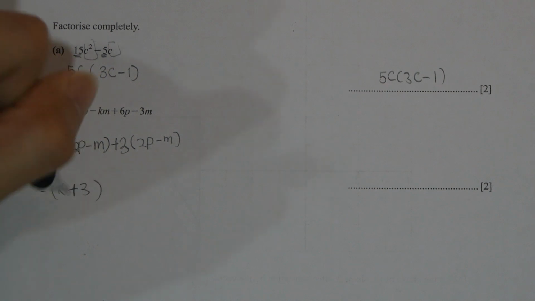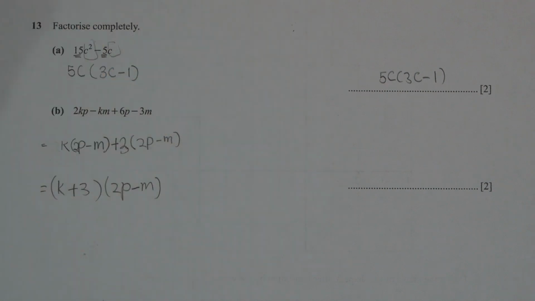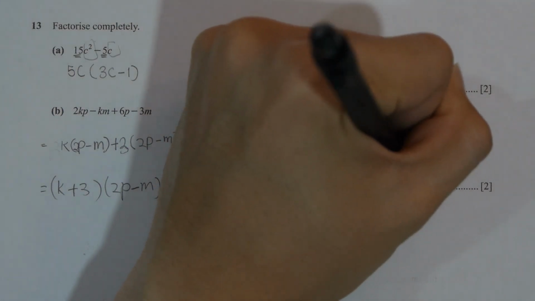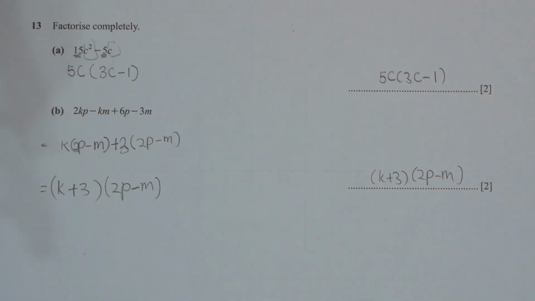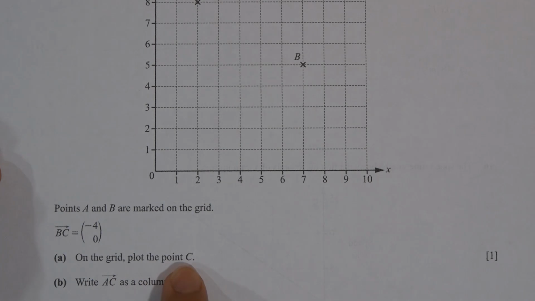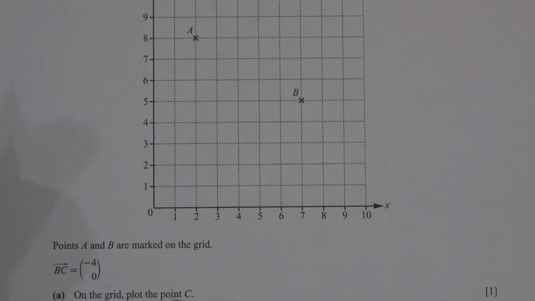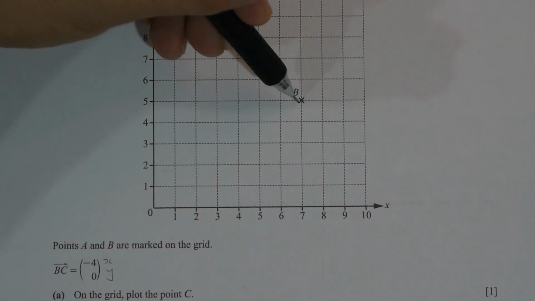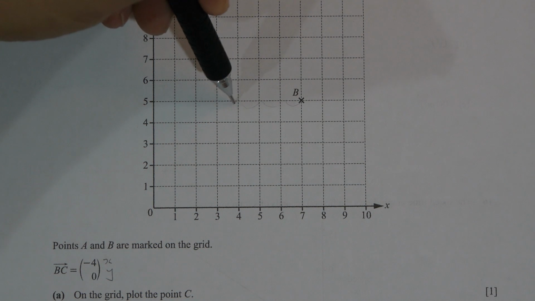So you do the shifting again, so it becomes k plus 3 bracket 2p minus m. So the next question, on the grid plot the point C. From B to C it's -4, which means you're shifting from B's position to the left hand side by 4 columns.